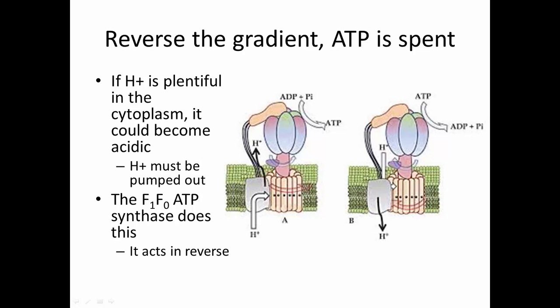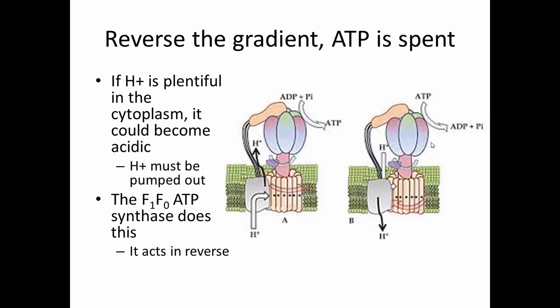So essentially, the F1, F0 ATPase, which in the proper direction, when it pumps protons back into the cell, going down the gradient, will make ATP. But if we reverse it and use it to pump protons out of the cell, we then have to spend ATP. So protons must be pumped out.